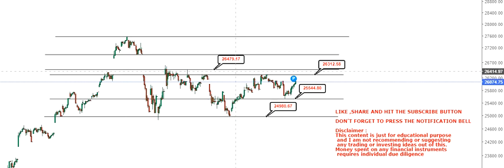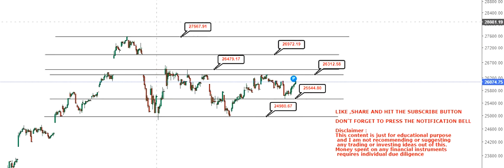and if it indeed breaks out above 26,500 odd levels, then the next resistance should come at around 26,972 and 27,567. The place where the current price lies is near this resistance level.